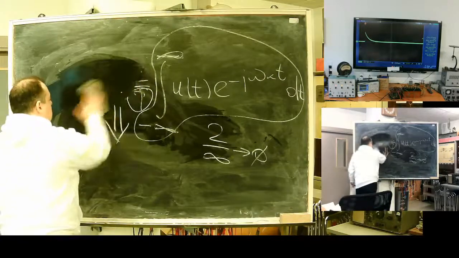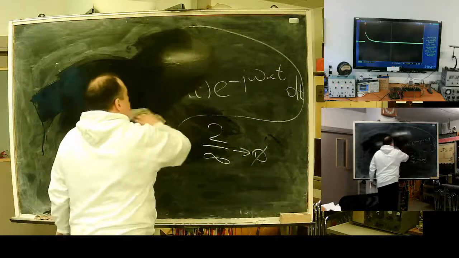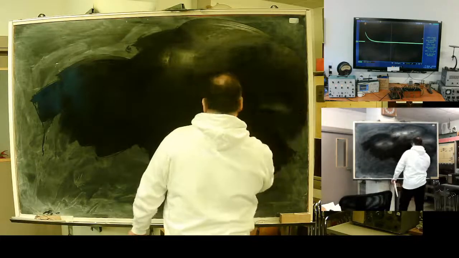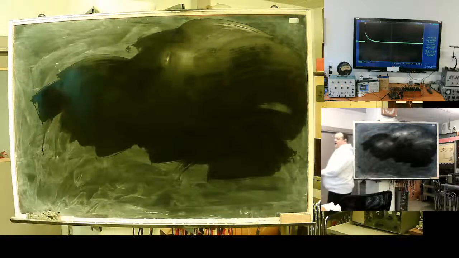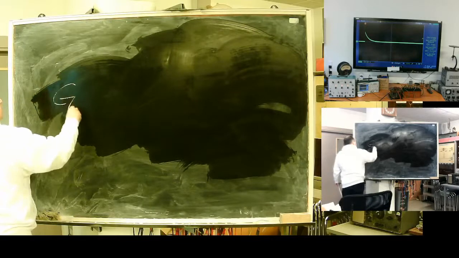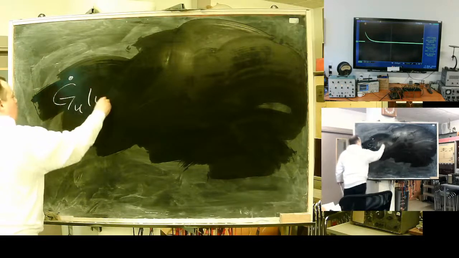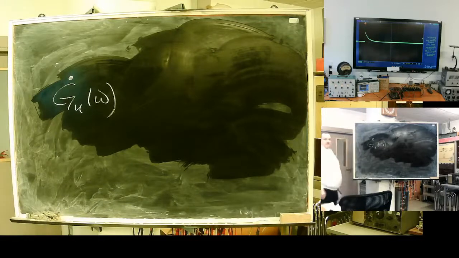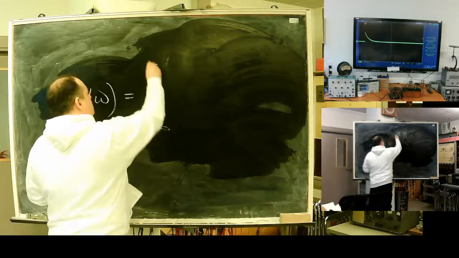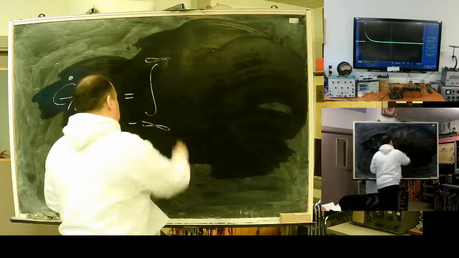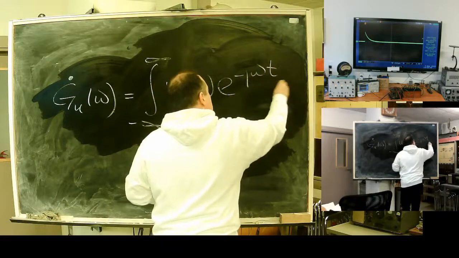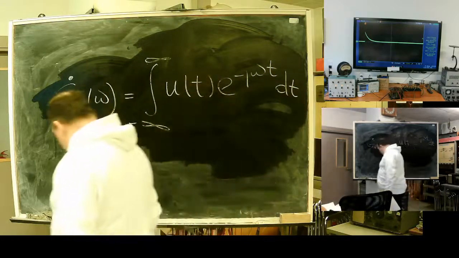I can use it to create an image of my signal in the frequency space. Such an image is called the spectral function. It's a complex function of frequency and can be found as the integral from minus infinity to infinity of my signal times e to the minus j omega t, dt. Spectral function.